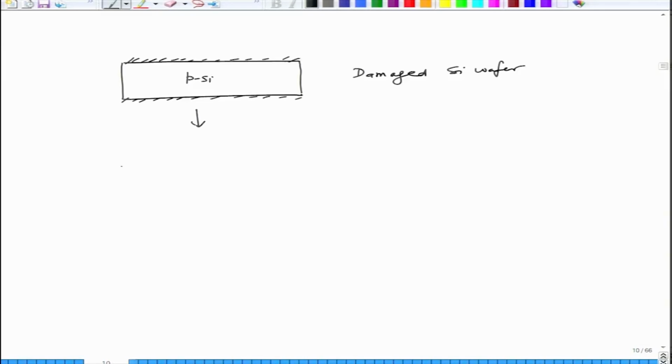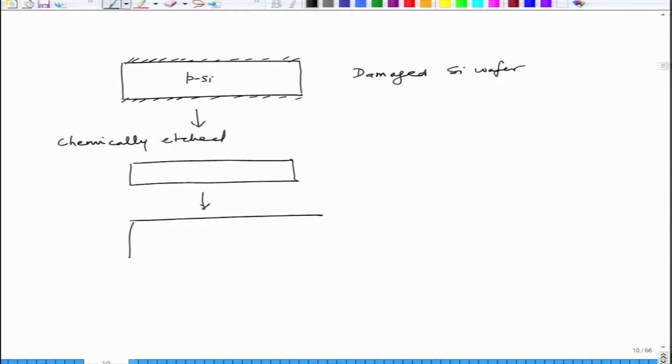It is then chemically etched on the surface so that you get a nice clean surface. The surface is cleaned by etching to remove the rough material, and after that you do texture etching, texture formation. This is to improve the light coupling.